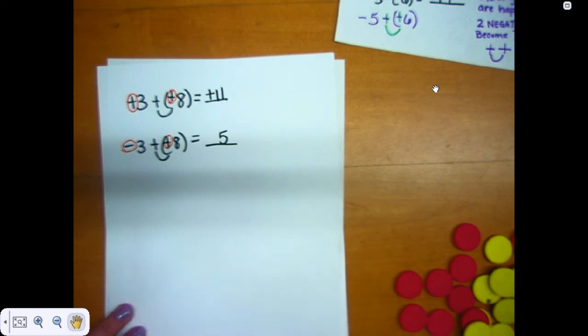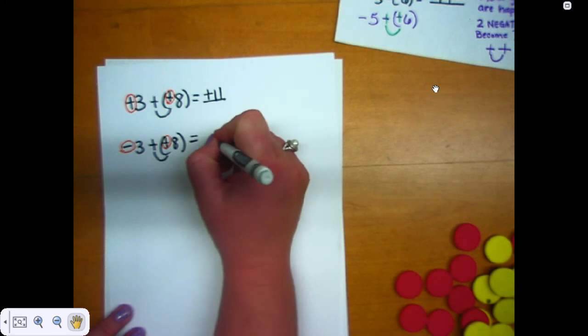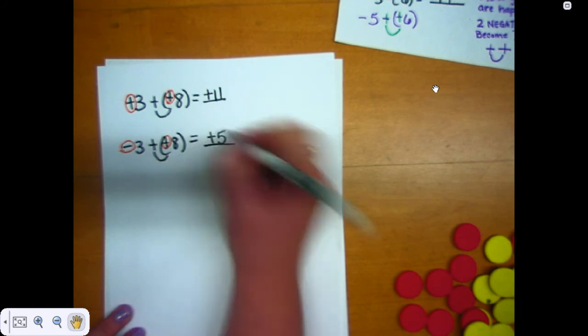How do I know what sign the answer is going to need? Because you're keeping the sign of the largest absolute value. Which one would that be? The 3 or the 8? The 8. So my sign's going to be positive.